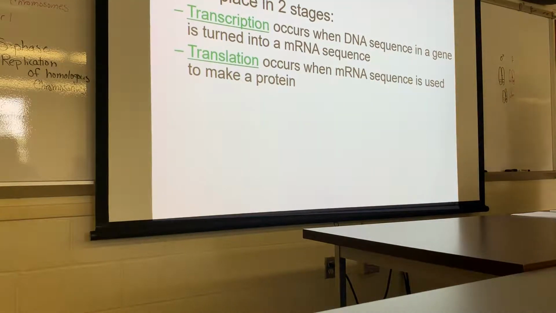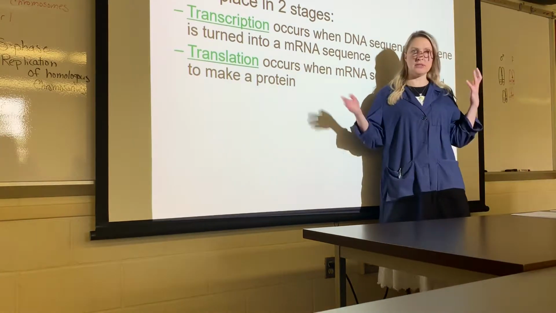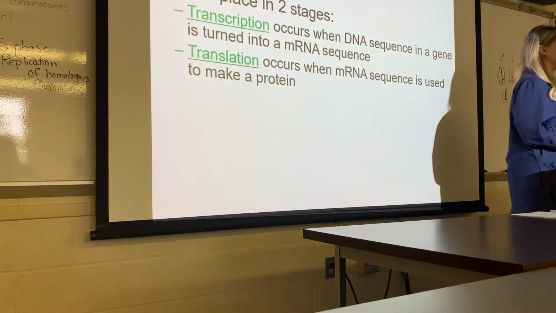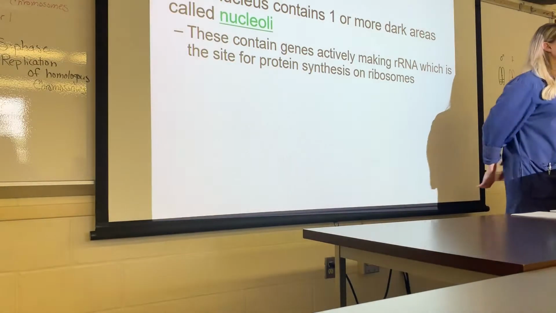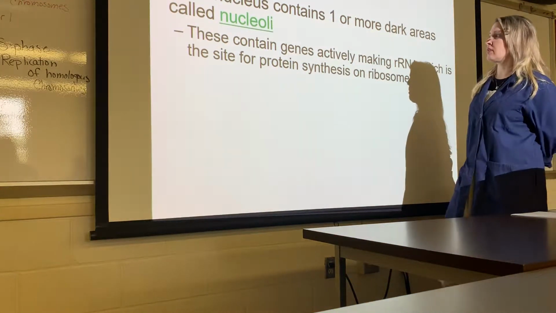And this occurs on a ribosome, either in the rough ER or the ribosome in the cytoplasm. And this is going to happen outside of the nucleus, somewhere in the cytoplasm, again on an organelle or on a ribosome within the cytoplasm. Each nucleus contains one or more dark areas called nucleoli.